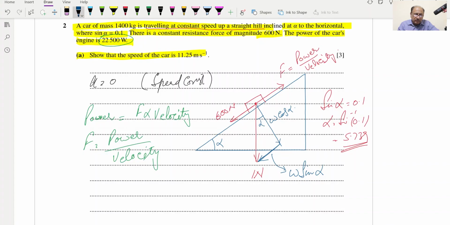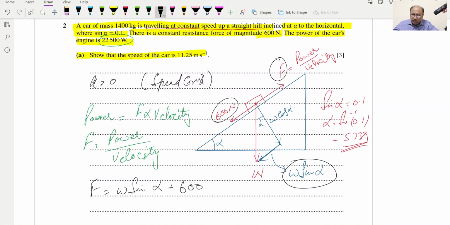Now we can balance the forces. F will be to the right side, and F is equal to the leftward forces, which will be W sine alpha and 600 Newton. These two forces will be to the left, so W sine of alpha plus 600.